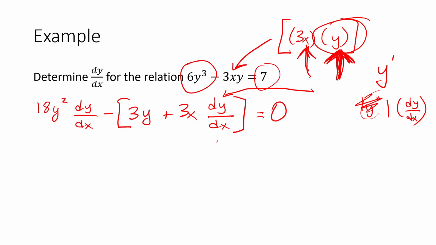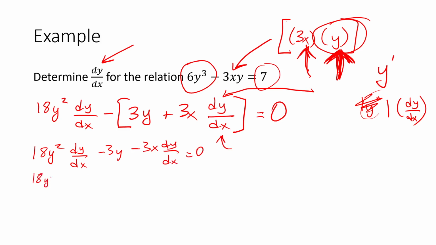Now, what we're ultimately trying to do is isolate that dy over dx, because that's what the question wants. So we'll just do a little subtracting. 18y squared dy over dx minus 3y minus 3x dy over dx is equal to 0. I've got two terms on the left with dy over dx in them, so I will keep those two terms on the left, and the other term, I'll throw that over onto the right side of the equation.